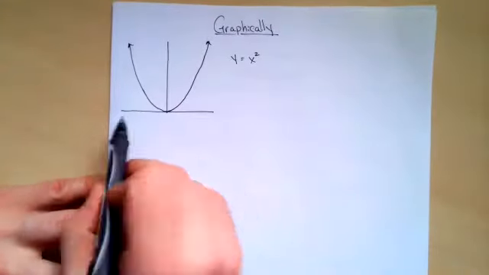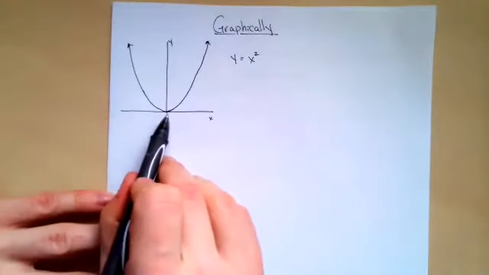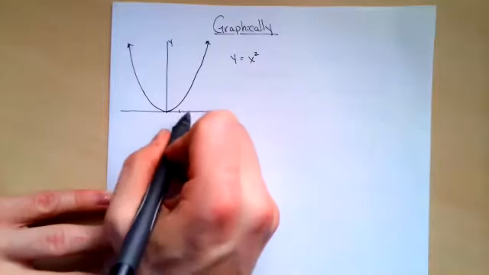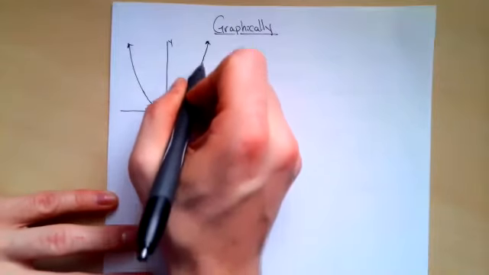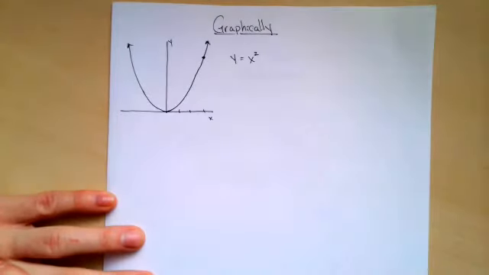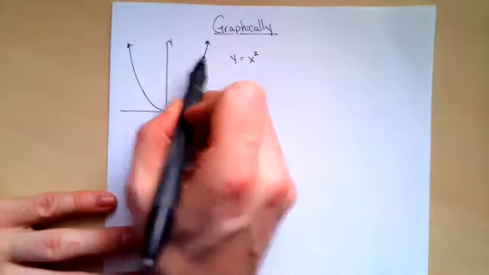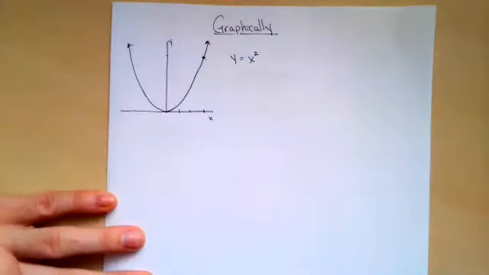And we can see the function property graphically by saying, well, wherever I have an x value, if I look at the y values corresponding to that, there's only one. So for this x value of 3 here, we would have a y value of 9.